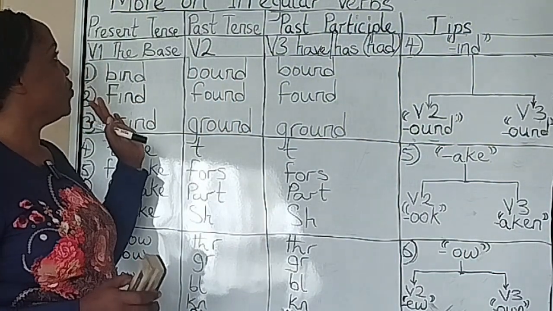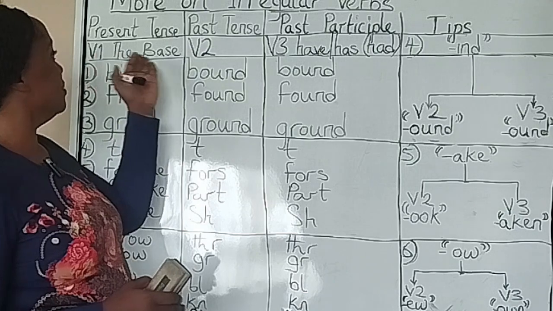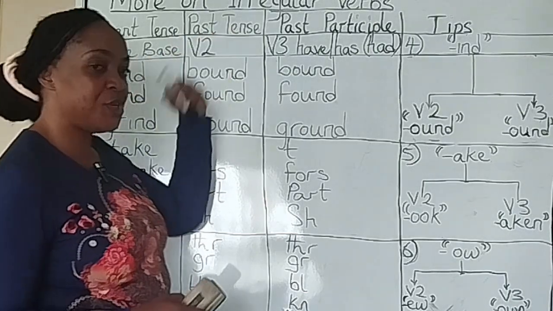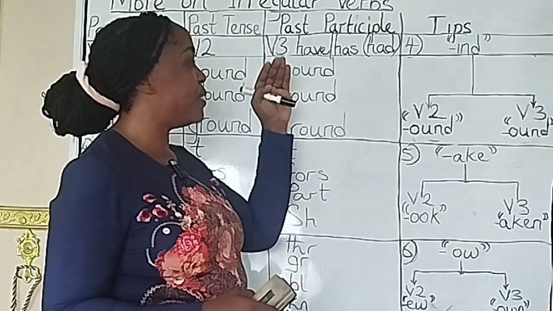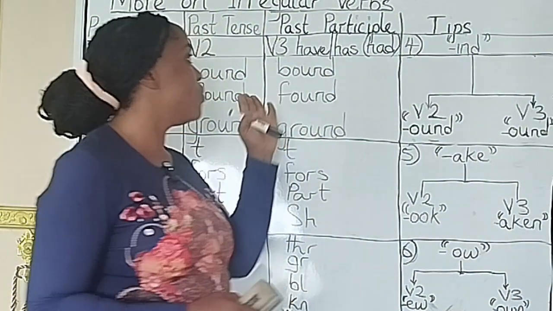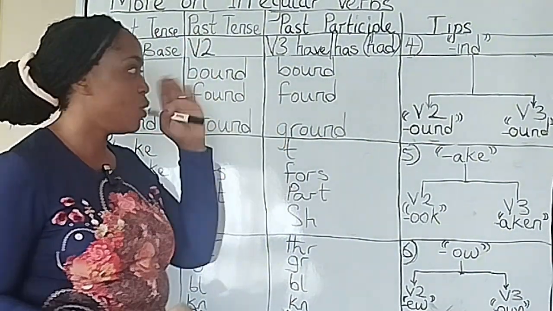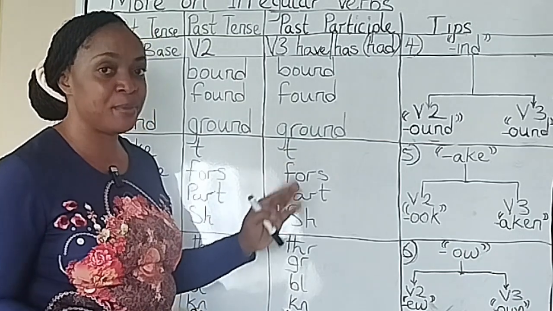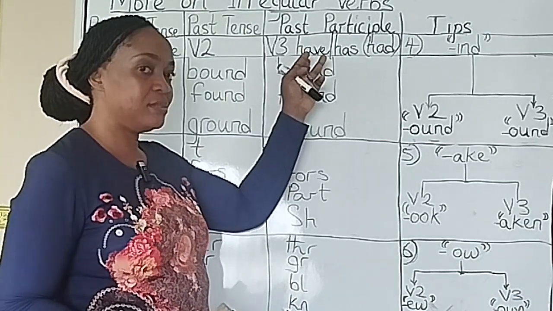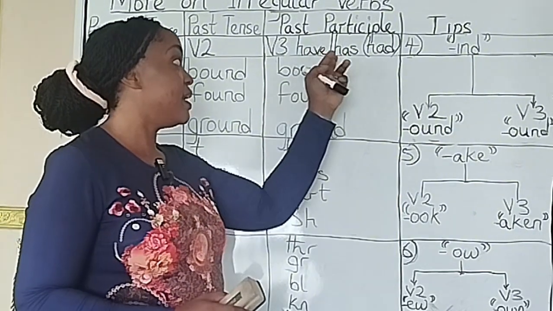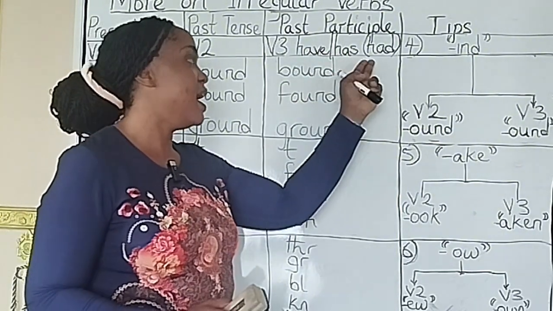Number 1, we are going to look at the base, the V2, which is the past tense, and the V3, which is the past participle. When we say past participle, we are looking at that very verb that each time you want to use it, you must use have or has or had.